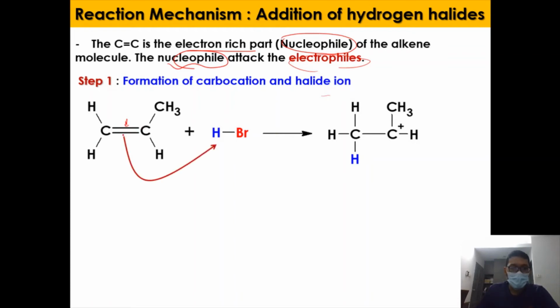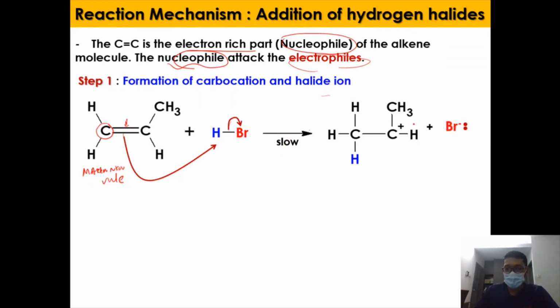So what we're going to do is the nucleophile will attack the electrophile, and this is going to break the bond in between the HBr, and the hydrogen is going to be attached at the carbon which has more number of hydrogens according to the Markovnikov Rule. Okay, and the Br here will be having a negative charge, and this is going to happen very slowly.